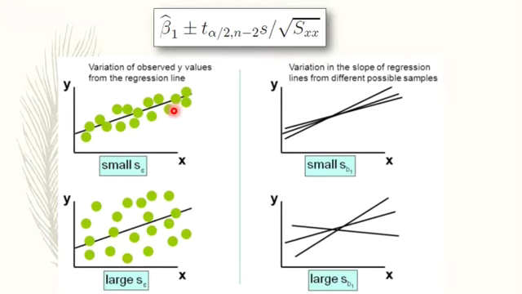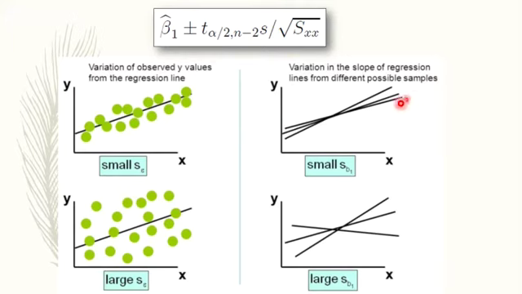And if you now compute a regression line, you find that because your data is less spaced out from the line, the slopes can vary a lot less. So in other words, your confidence interval is going to be narrower when you have less spread around the line.